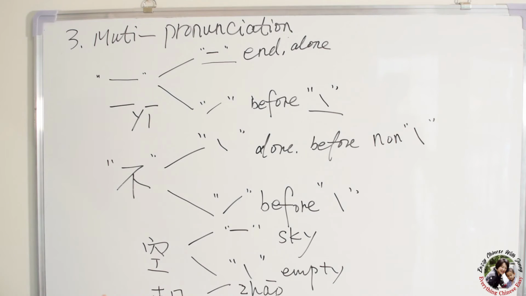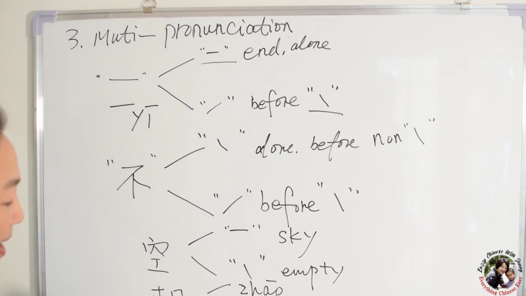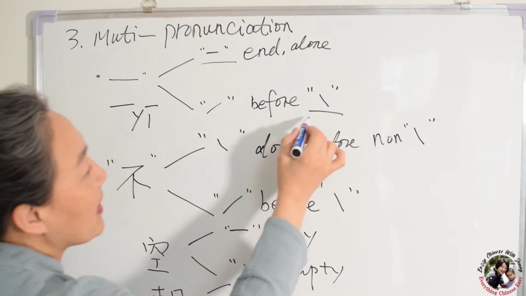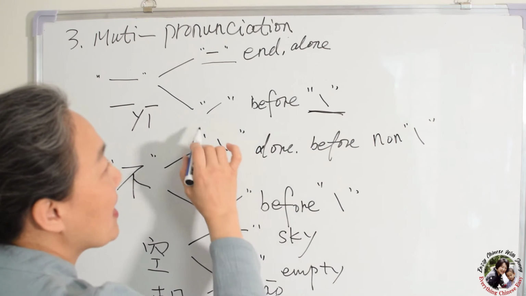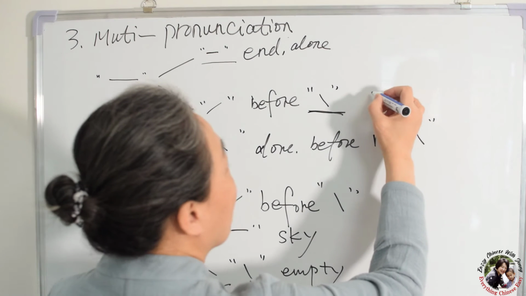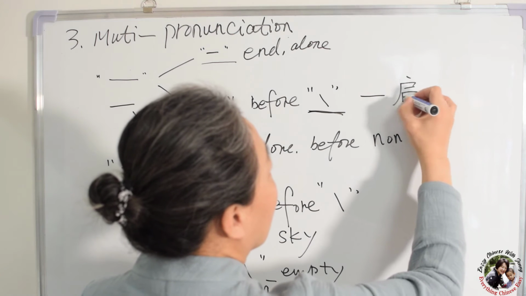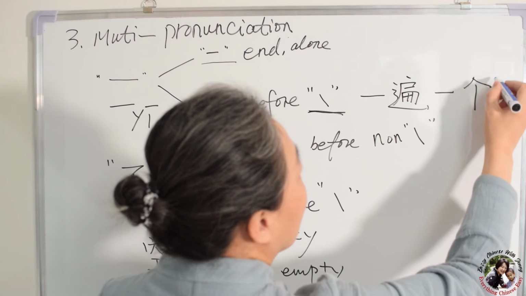Or at the end of a word, you also pronounce it yī, the first tone. However, if you put the 一 in front of another character which is the fourth tone, you pronounce it as the second tone. I'll give you an example: 一遍, or 一个, right?